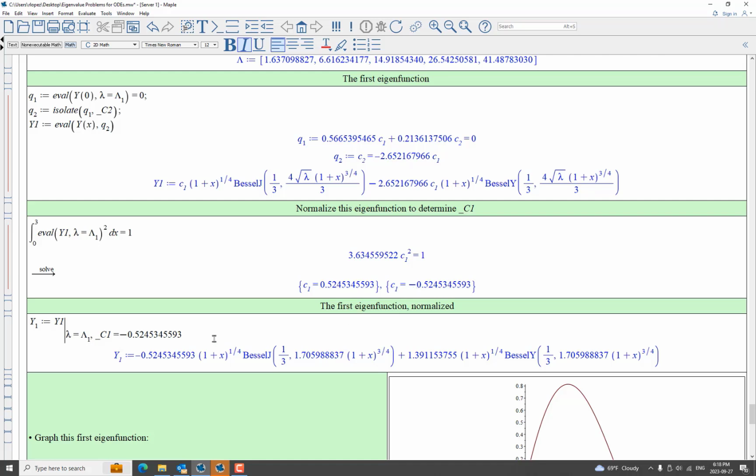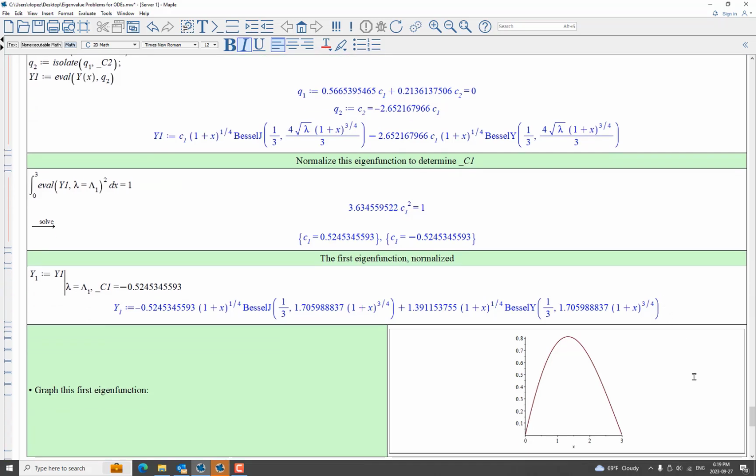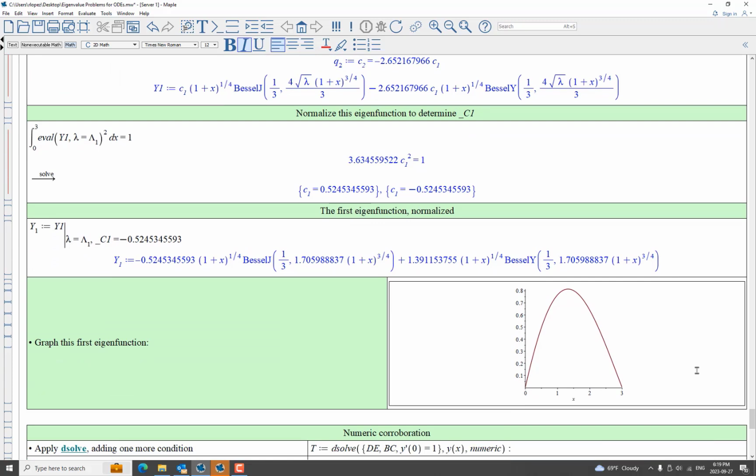Well, I picked C1 equals the negative value. So I plug that in here into the general solution. This is what it looks like for that first eigenvalue. I draw a graph. That's what it looks like.